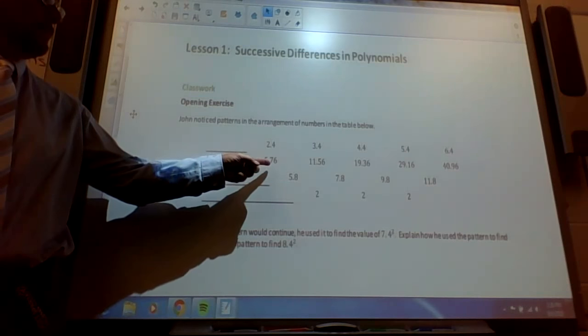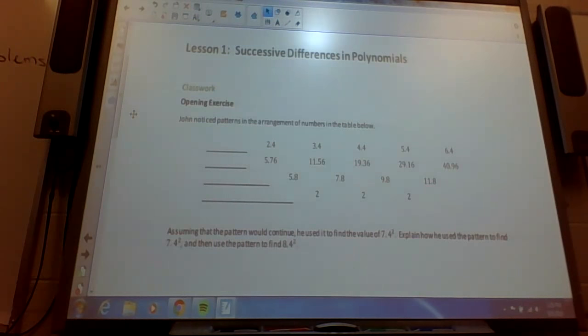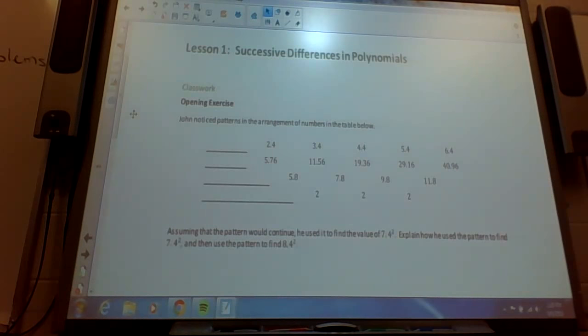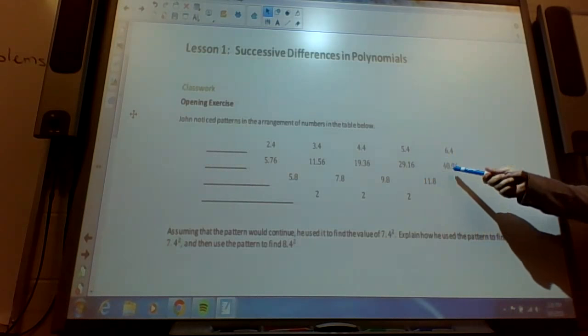Okay. But, so what's 11.56 minus 5.76? Is it 5.8? I am faster than a calculator. 5.8. Yeah, there we go. All right, 11.56 to 19.36. That's 7.8. Here to here, that is 9.8. 11.8.